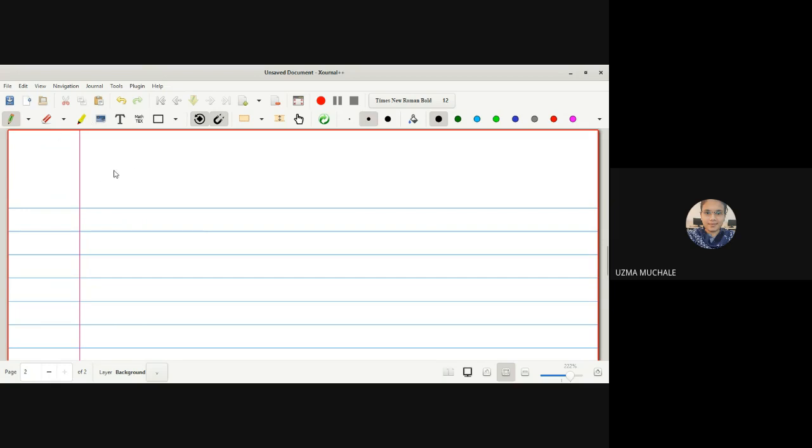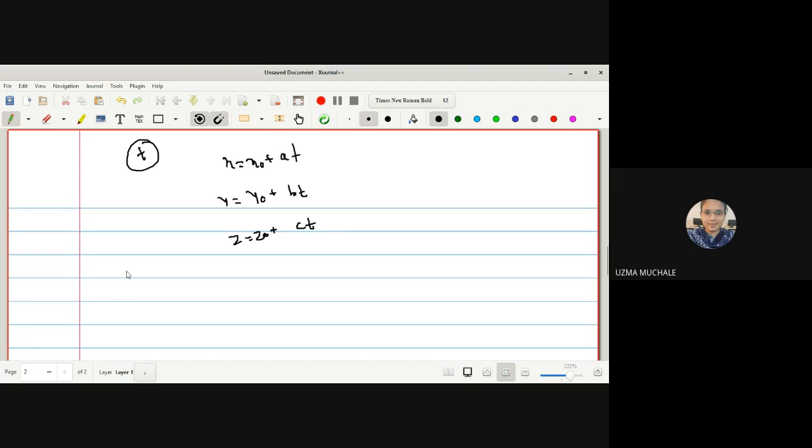Parameter means what? It is simply a parameter, mostly we denote it by t, no? So x is equal to x naught plus at, y is equal to y naught plus bt, and z is equal to z naught plus ct. This is the parametric equation of a line.